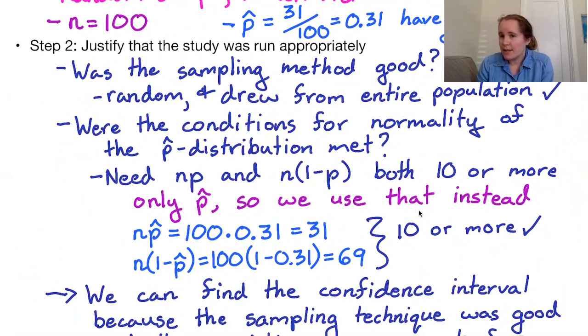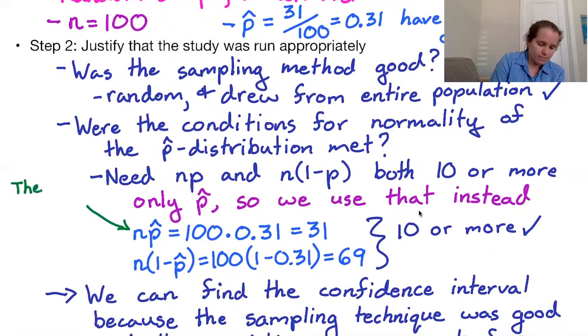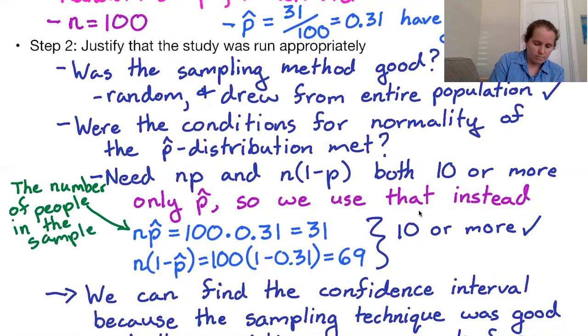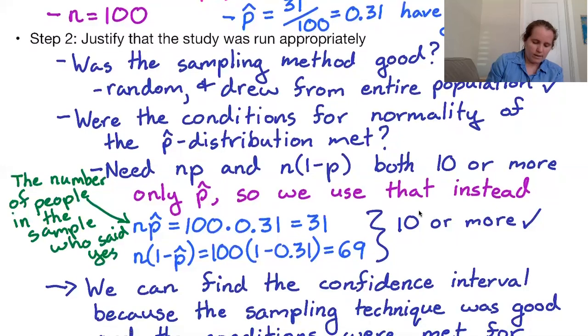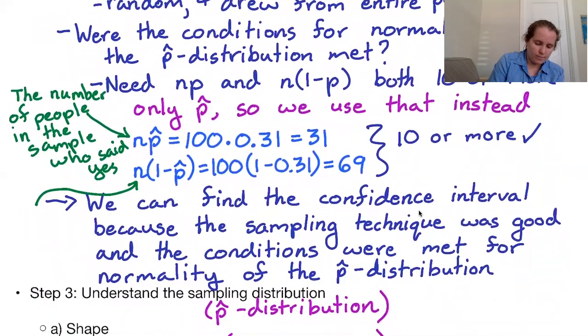And n times 1 minus p hat is precisely the number of people that said no. So note that this here is actually the number of people in the sample that said yes. And then the other one is the number who said no.